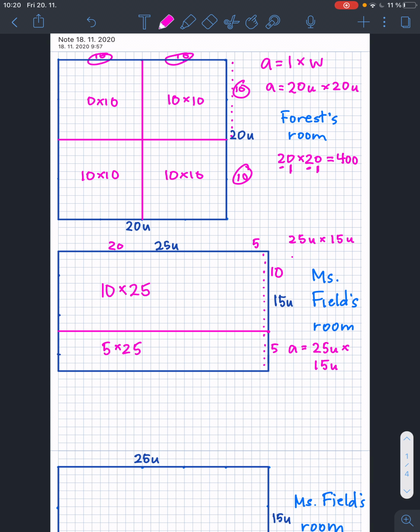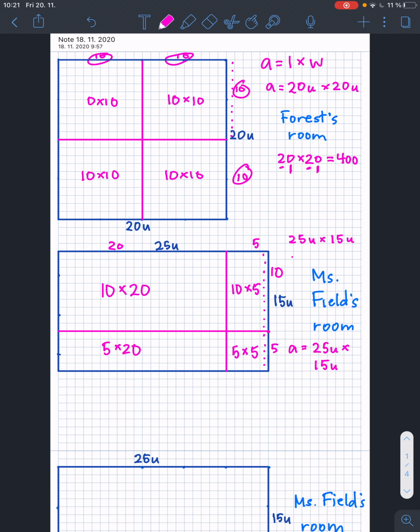And if we do that, we don't have 10 times 25 anymore. We have 10 times 20. And we don't have 5 times 25 anymore. We have 5 times 20. And then we have here 10 rows of 5. And here we have 5 rows of 5.